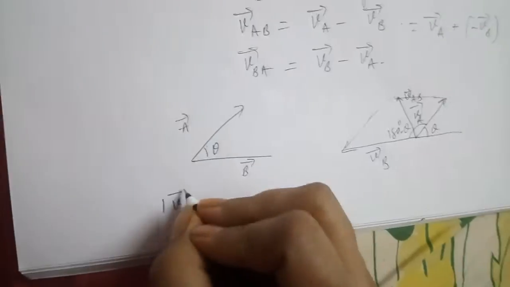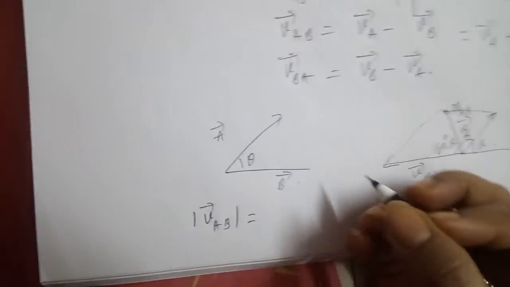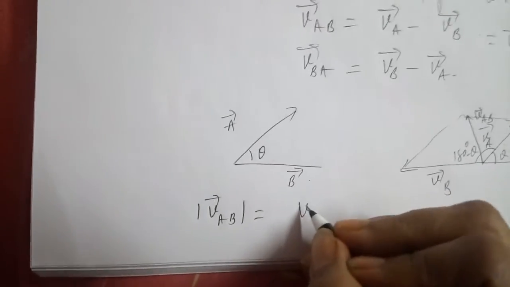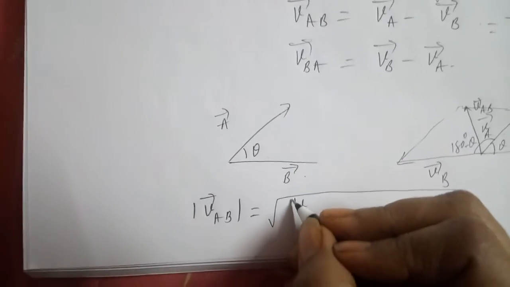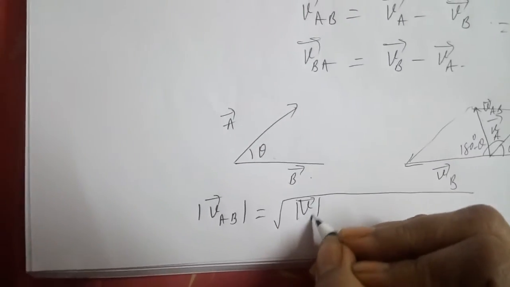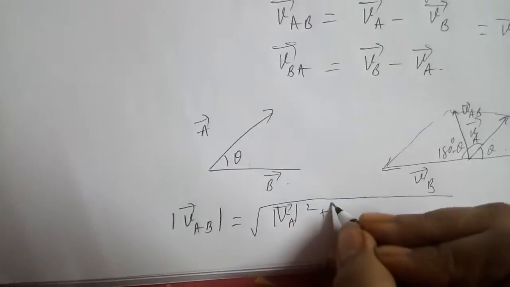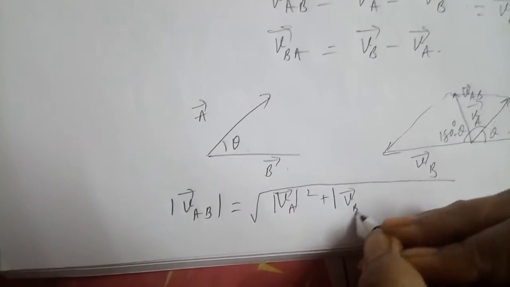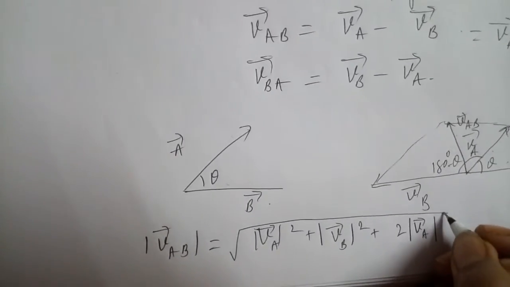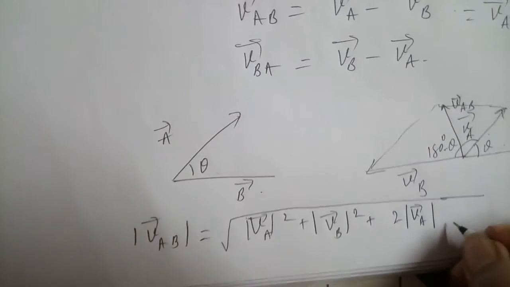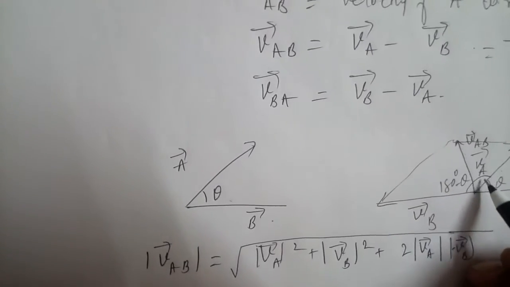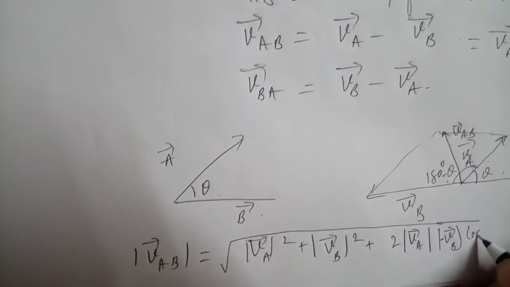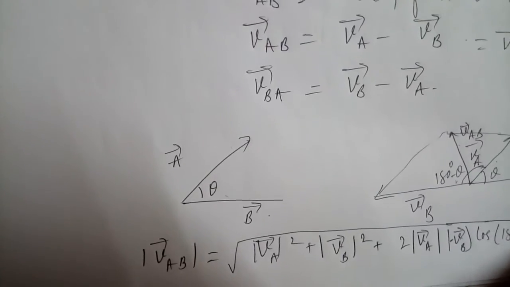So V vector AB is equal to the square root of V vector A square plus V vector B square plus twice of V vector A and minus V vector B, with the angle between the two being cos of 180 degrees minus theta.